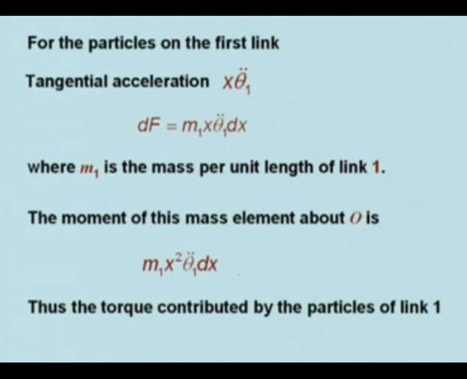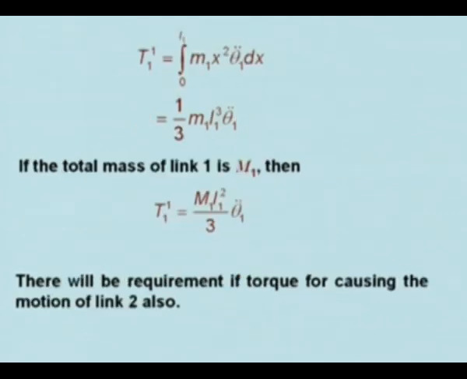Thus, the torque contributed by the particles of link 1 is basically T11, particles from 0 to L1, m1 x square theta 1 double dot dx. If you integrate between 0 to L1 and put the limits, you will get 1 by 3 m1 L1 cube theta 1 double dot.